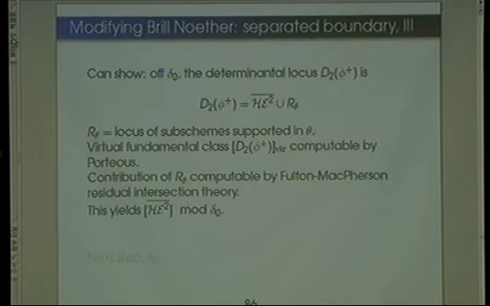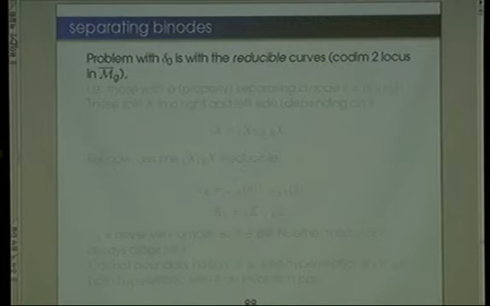The next step, which involves more work and, as I said, is still to some extent work in progress, is to deal with delta zero, the closure of the irreducible curves. The irreducible curves themselves are not a problem in this setting.